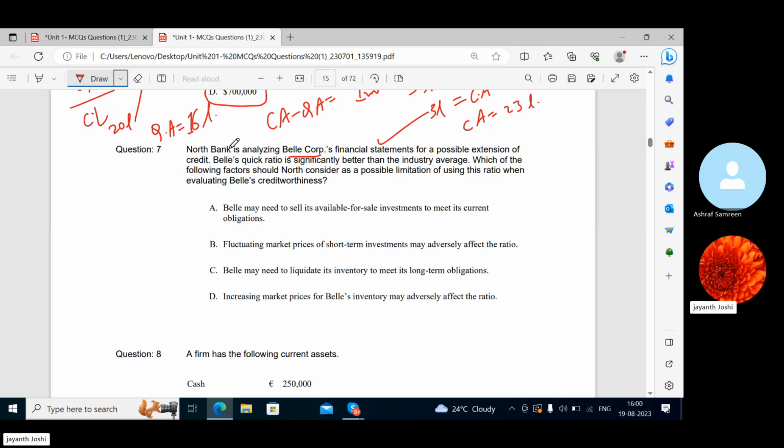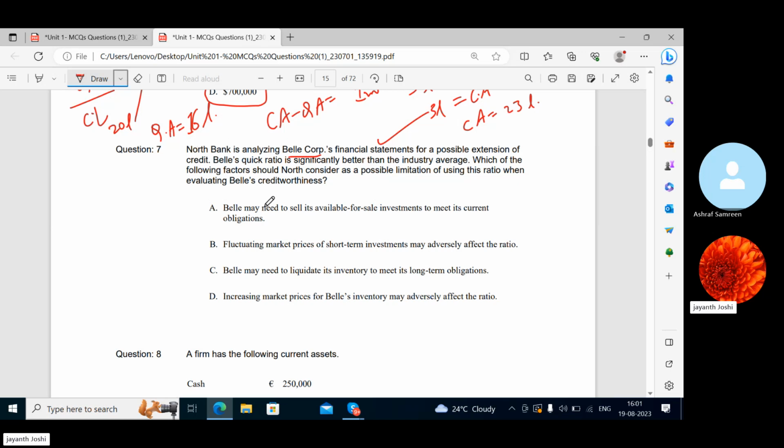Companies approach banks for loans, so these banks will assess the company's statements for a possible extension of credit. Bele's quick ratio is significantly better than the industry average. In whichever industry Bele Corporation is operating, considering the industry average, its quick ratio is better. That means the liquidity position of Bele Corporation is good.